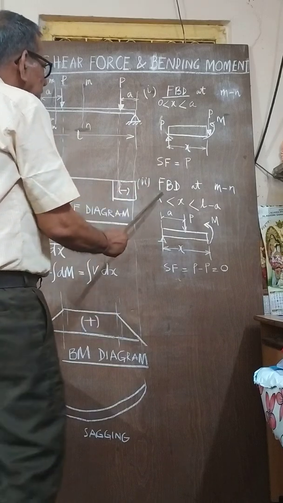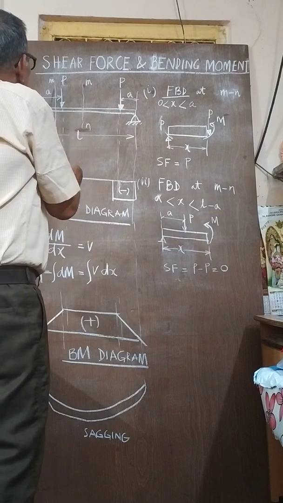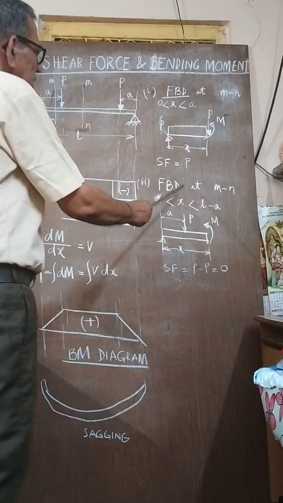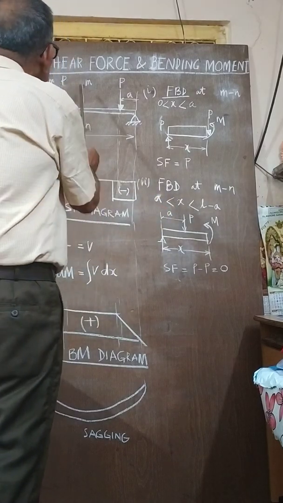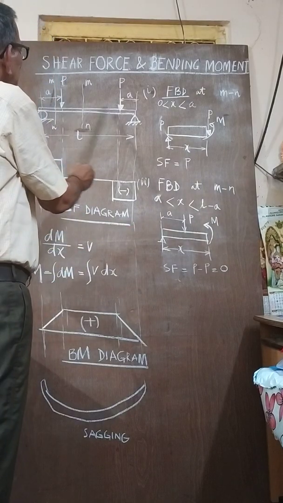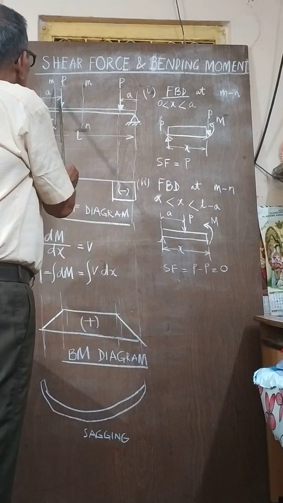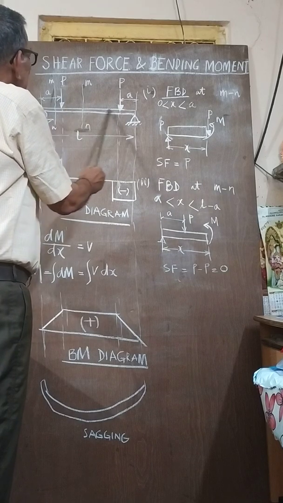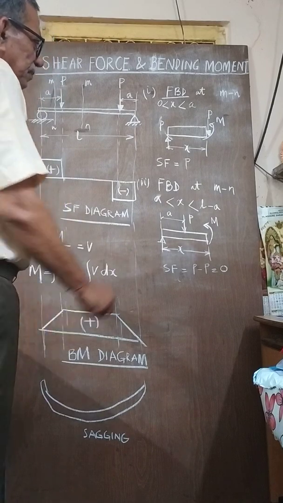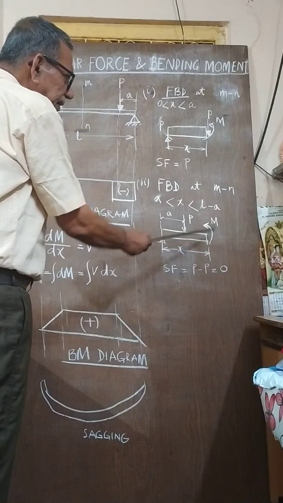The second segment, the free body diagram here, is separate because the loading pattern has changed after the application of the load at this point. Here x is more than A and less than L minus A. From this to this is A, and this is L minus A. In this free body diagram, P and P cancel, so there is no net P here, only a moment.